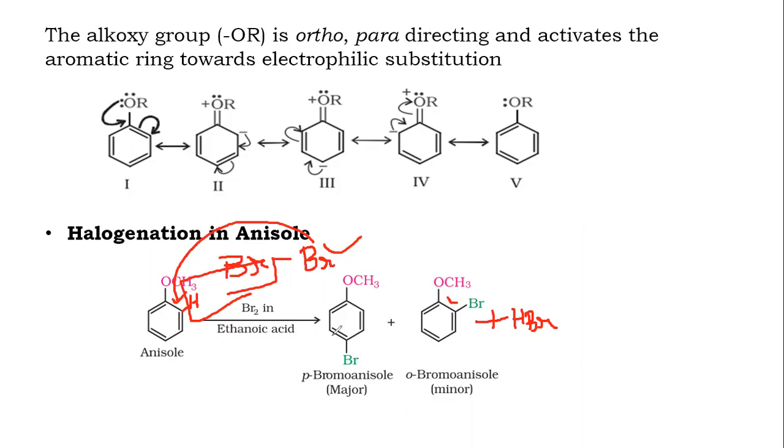Same thing will happen at the para position to form para-bromoanisole. And we know among the para and ortho products, para is the major product.